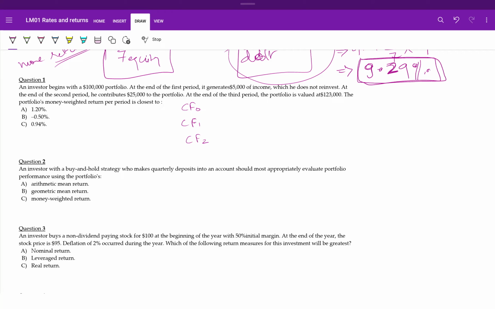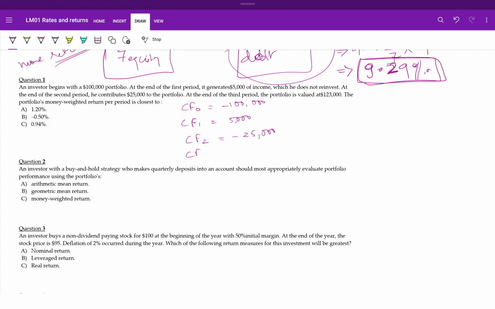If you look at the question, the investor begins with 100,000, which they have invested initially, and the income at time one is 5,000. Yes, this is an inflow. At the end of two, he contributes 25,000. This is again a cash inflow.